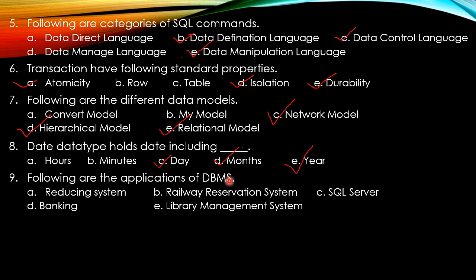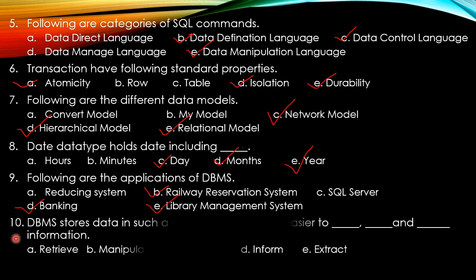Reducing system नहीं, हमें सिर्फ बताना है कि कौन से applications में ये use होता है. So it is used in railway reservation, then in banking and in library management. So these three are the correct options.